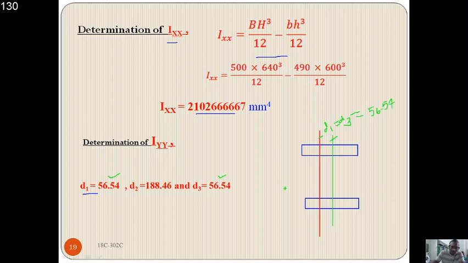So this is the distance. And whereas for the web, if we take the web also, then this would be the web area.